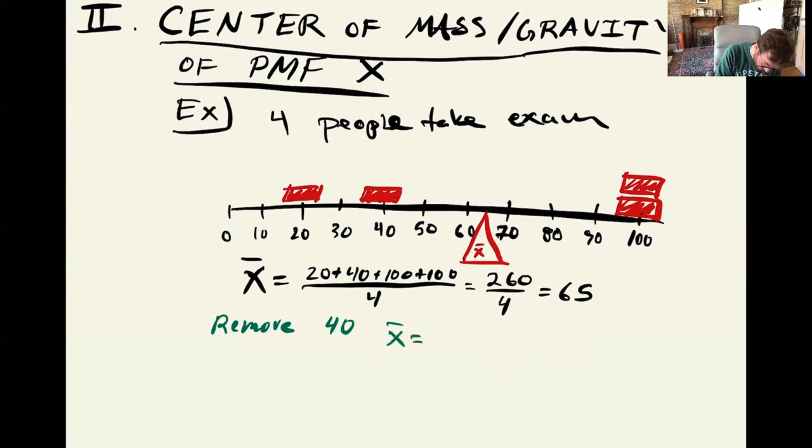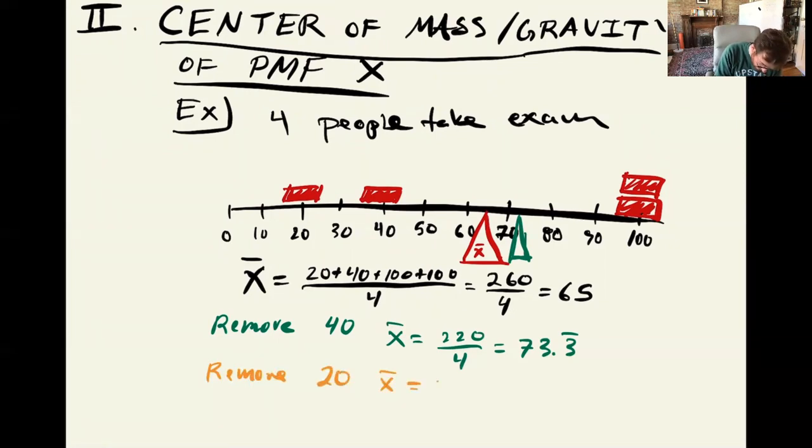I'd get 220 divided by 4, which ends up equaling something like 73.3 repeating. So that actually looks like I could put my fulcrum here. So it shifts a little bit to the right, but not as drastically as if I, for example, removed 20.